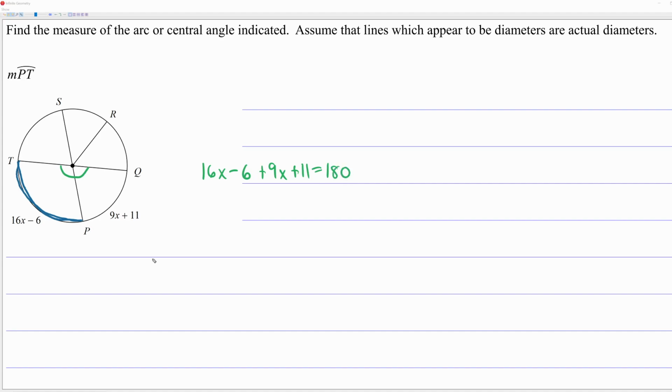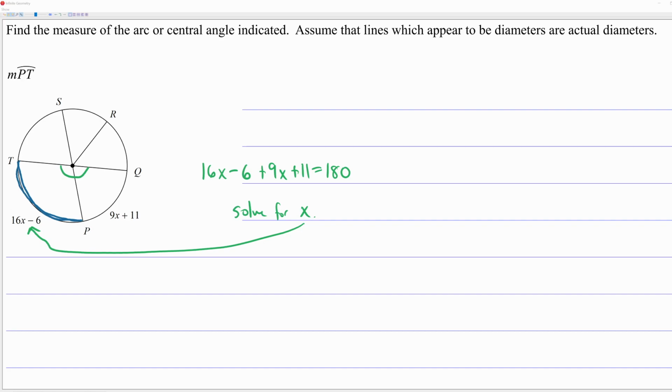So in this case, solve this equation for x, either by hand or in the calculator, either one is fine, and then make sure you answer the question that's being asked. Once you solve for x, you're going to plug x in to PT. So you'll plug that in for x, and you have 16 times x minus 6. That's going to be the measure of arc PT.